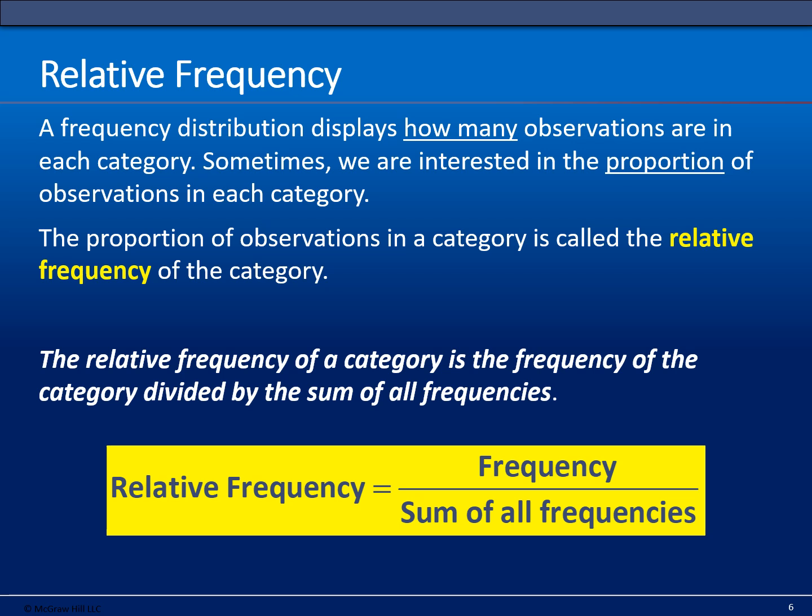How many percent, which is really what a proportion represents, responded Democrat or Republican, etc. The proportion of observations in a category is called the relative frequency of the category. The relative frequency of a category is the frequency of the category divided by the sum of all frequencies. And you can see this formula here. This is basically an average or a percent, if you would.